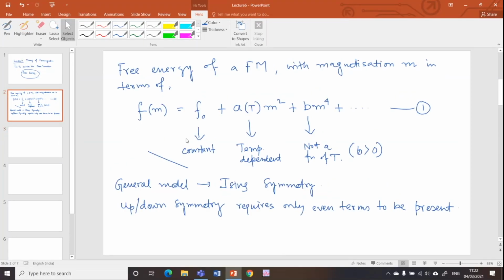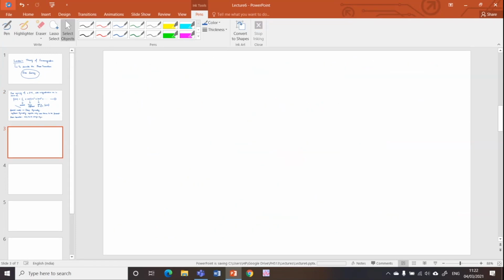If we expect to have a phase transition, so here phase transition means ferro to para, then this A(T) has to change sign. Okay, so now we will define Tc as the critical temperature.